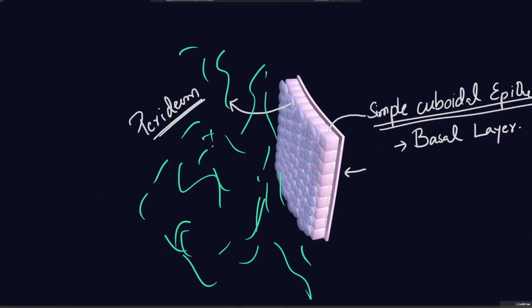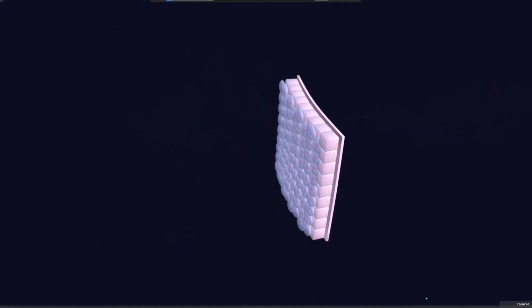It contains some chemicals, some electrolytes, right? So at the very early stage, the periderm helps in exchange of material between the amniotic fluid and the developing epidermal cells. So that's an important thing. That is one function.